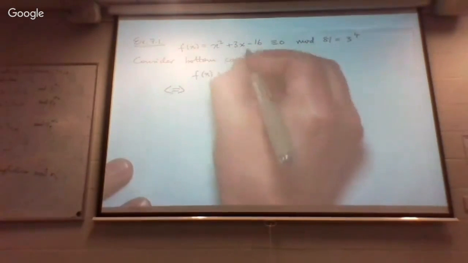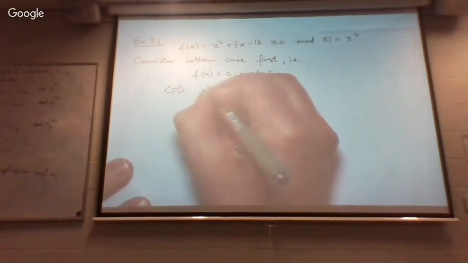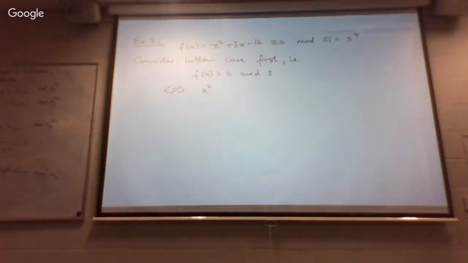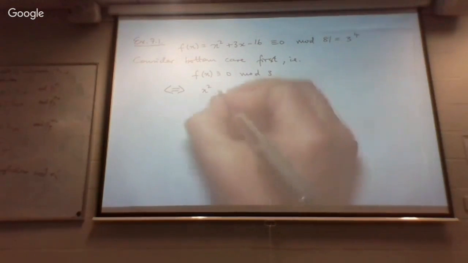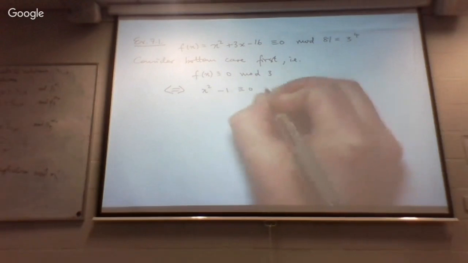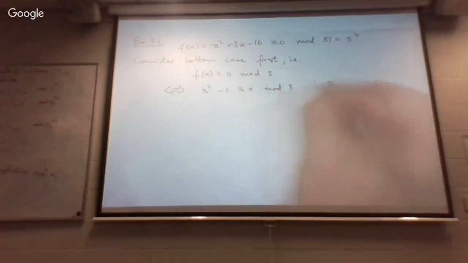So x squared is still x squared. 3 times x, we can chuck that away, because 3 is 0 modulo 3. And minus 16, well, 16 is congruent to 1 modulo 3. So that polynomial immediately reduces to x squared minus 1 congruent to 0 modulo 3.